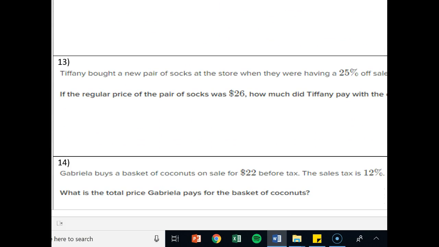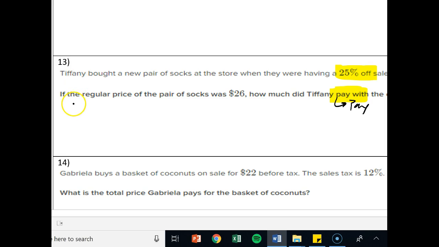Number 13, it says Tiffany bought a new pair of socks at the store when they were having a 25% off sale. If the regular price was $26, then how much did Tiffany pay? Right, so how much did she pay is what we're looking for here, not how much did she save, right? So that's the difference between problem 11 and 13. Here we just want the final price.